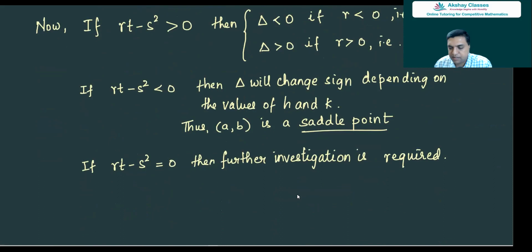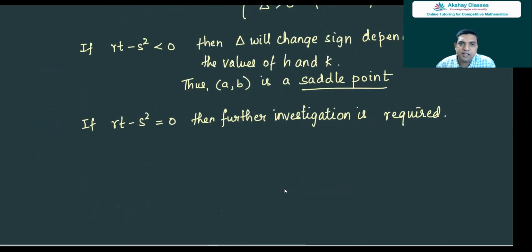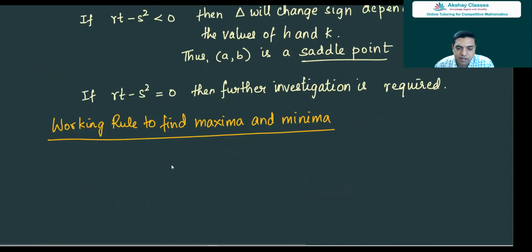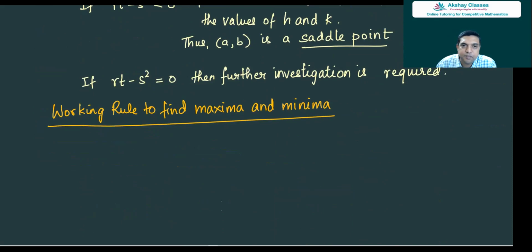So now let us look at this. We can summarize this as the working rule. Working rule to find maxima and minima. So z is equal to f of x comma y.